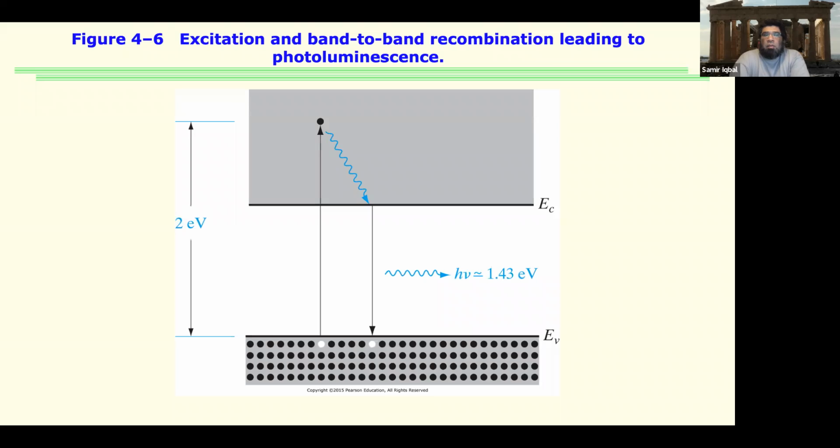It means that you can design a device that takes in many levels of incoming photons but gives you back very specific wavelengths, a monochromatic kind of light source. That can be achieved by the concept of photoluminescence. All right.